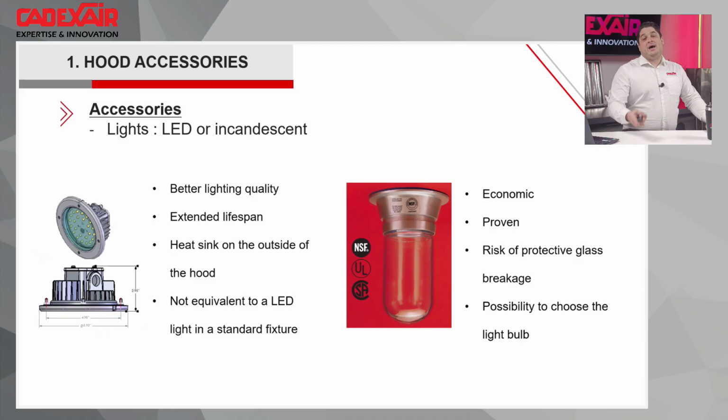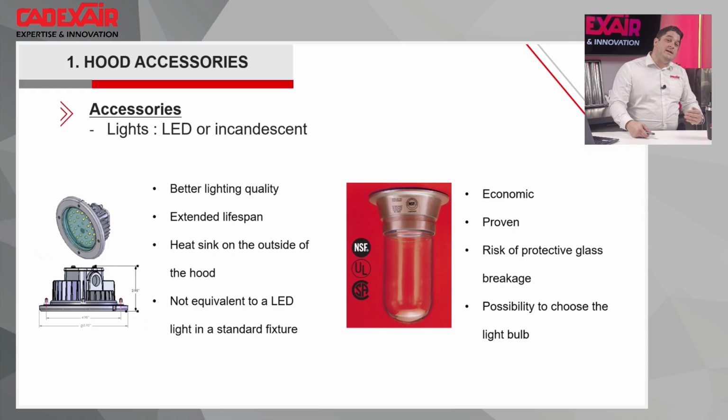It's glass, so if you receive any hit on it, it can break. You often need to unscrew and change the light inside of it. We do a lot of cleaning, and we always take pictures of the hood before and after. You can be surprised how many hoods have burned-out lights inside.